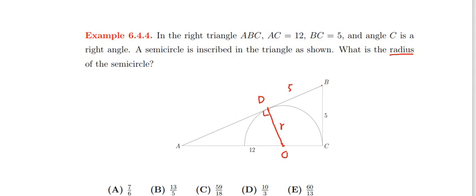So we know what AD is. AD equals AB, 13, minus 5. So 13 minus 5, 8. This is 8.